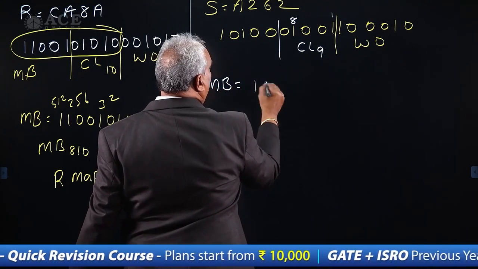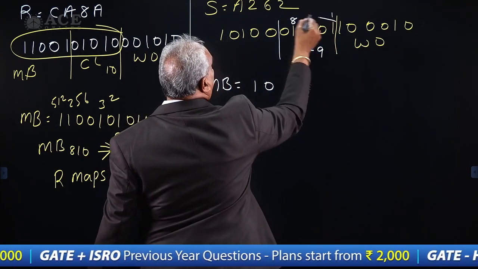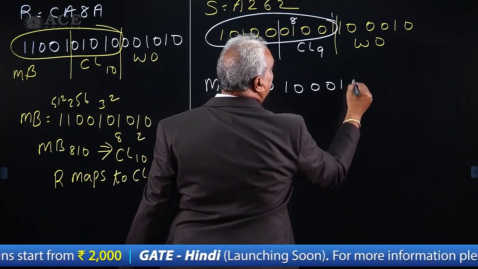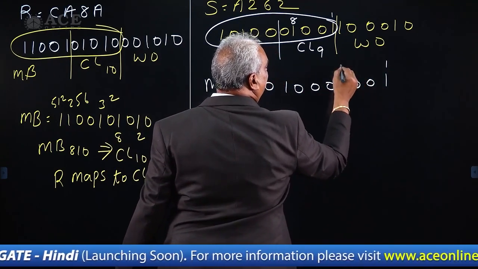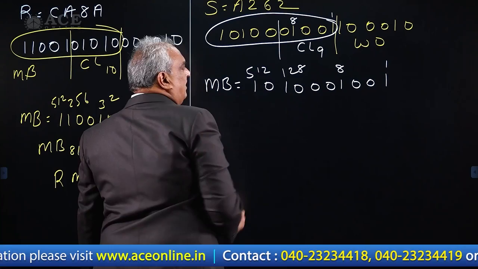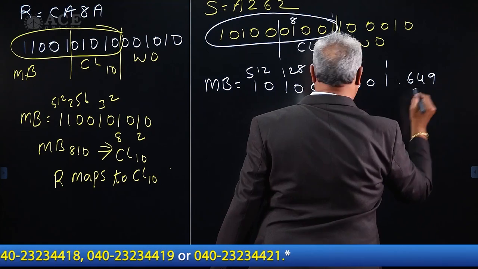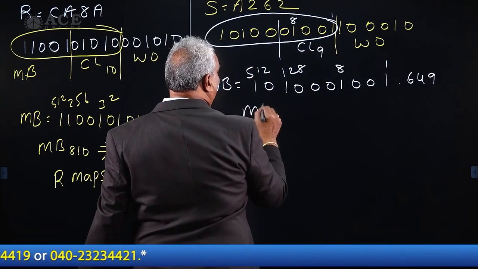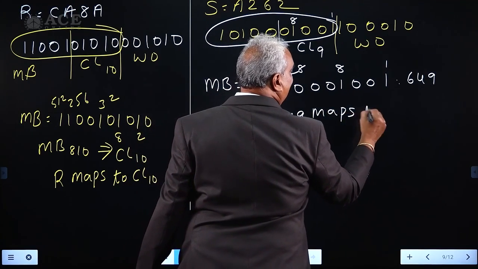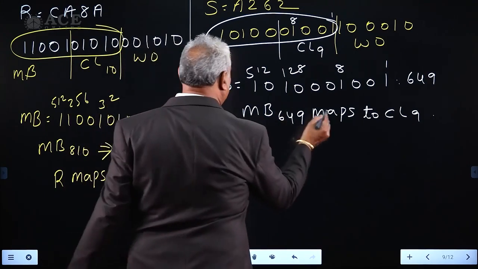The main memory block number is 1010001001: 512 plus 128, 640, 649. MB 649 maps to CL9 again. It represents S.